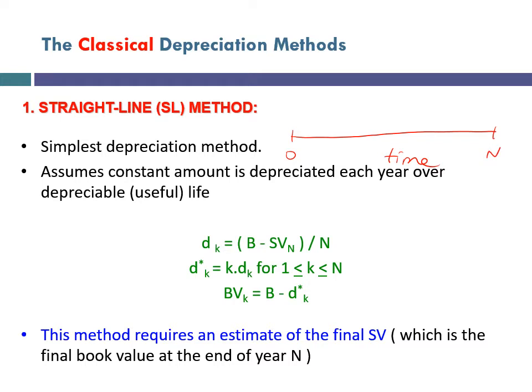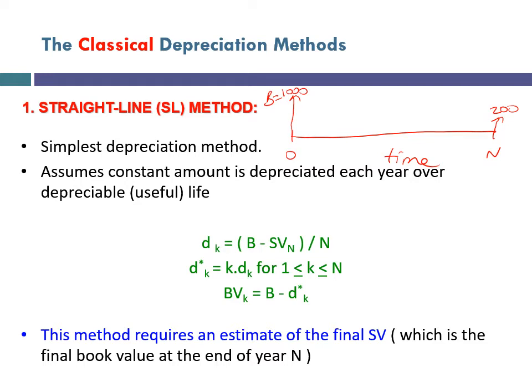And let's assume that initially the book value of this item is 1000. And at the end of n years, you estimate that you can sell this item for $200. Okay, this is the salvage value.